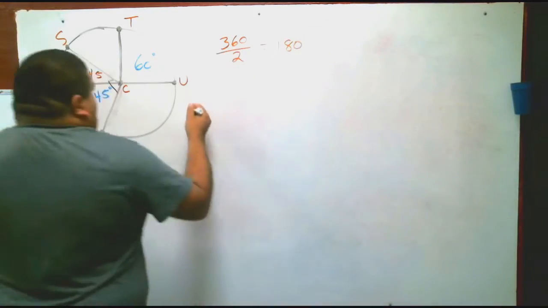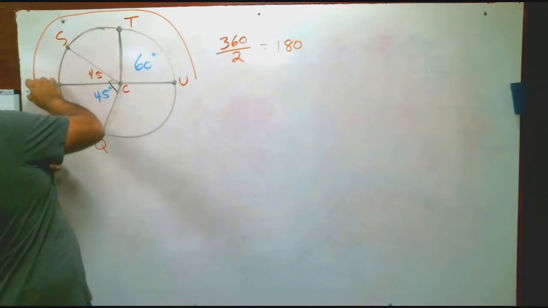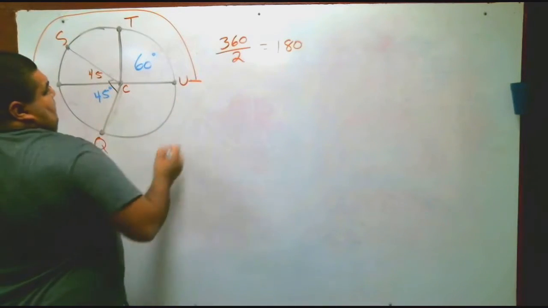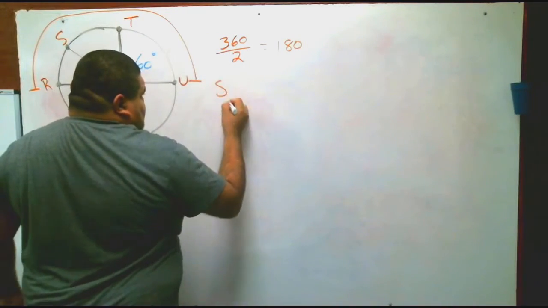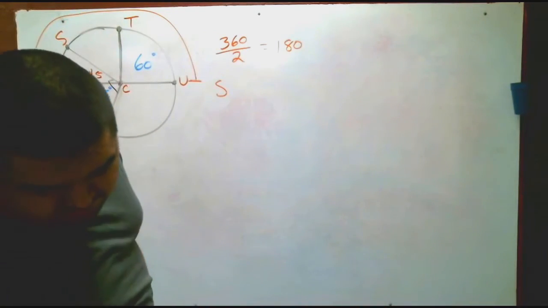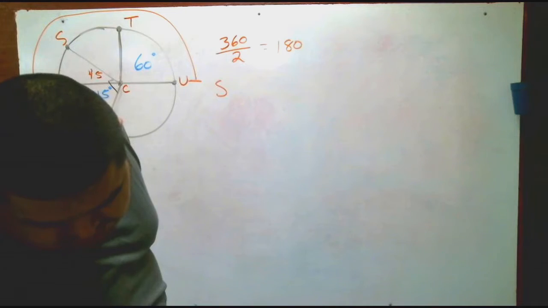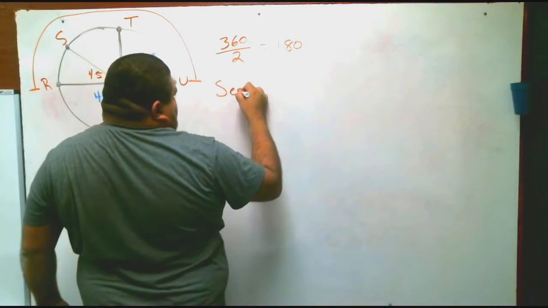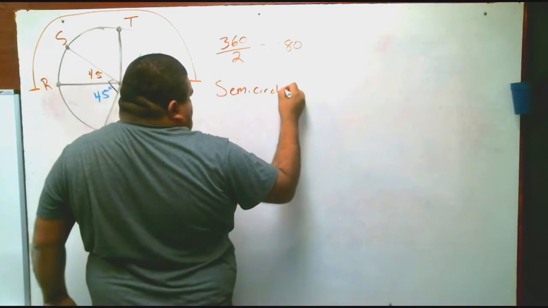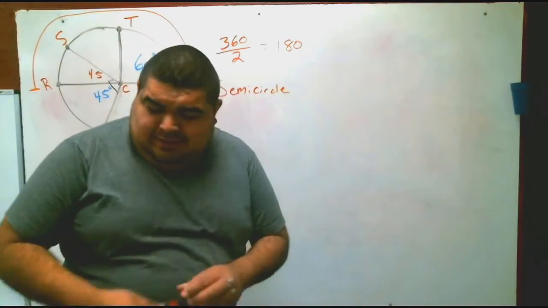So we know that from U all the way to R is known as a semicircle, okay?